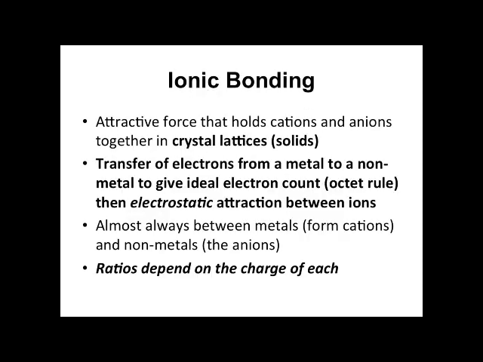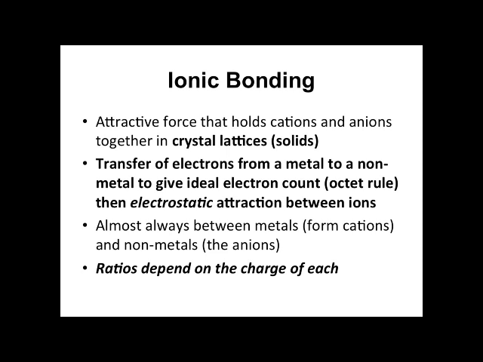What ionic bonding is, is that an electron is transferred from one atom to another. Usually a metal gives an electron to a nonmetal. The metal will then take a positive charge, becoming a cation. The nonmetal will become an anion, taking the negative charge. Depending on how many electrons get transferred, they'll take a +1 or -1, a +2 or -2 charge.